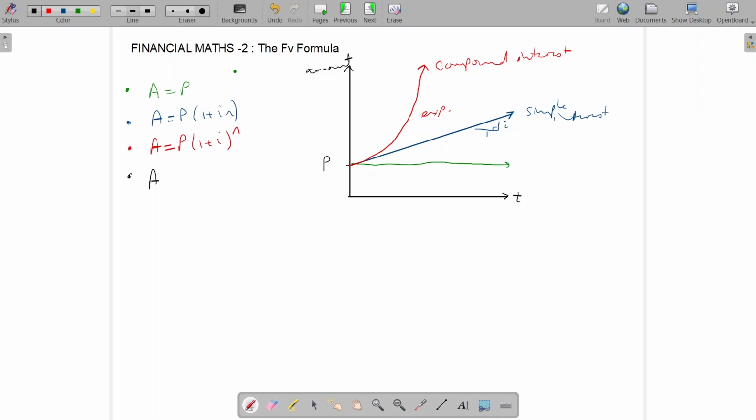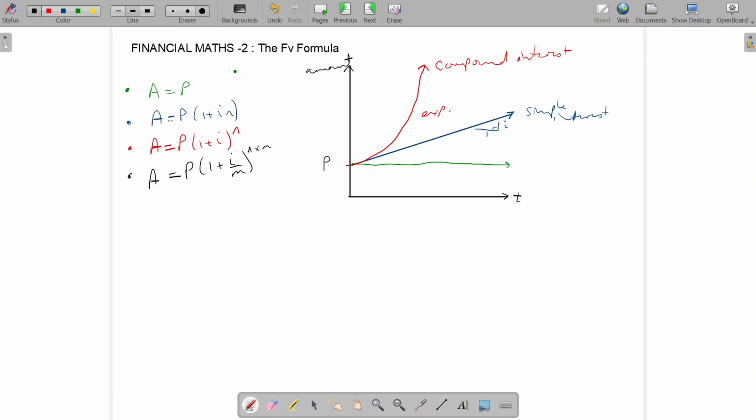Now, I want to look at one more thing quickly here, and unfortunately I'm running out of colors. What then happened was we got the early days of computers, which allowed us to say, cool, instead of paying you only at the end of the year, I could calculate the interest at the end of the month, or at the end of the quarter, or in modern times, actually daily or hourly. So that became (1 + i/m) to the power of n times m.